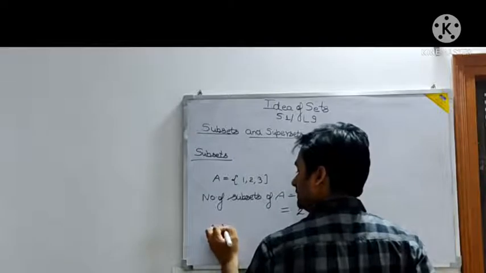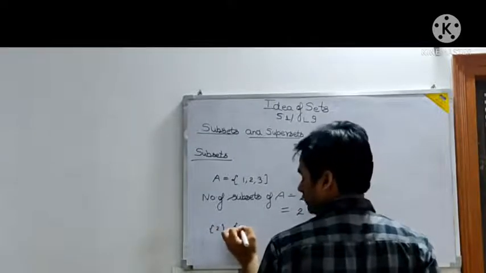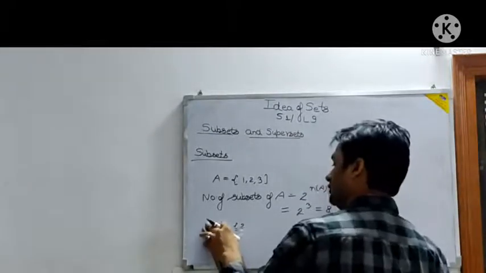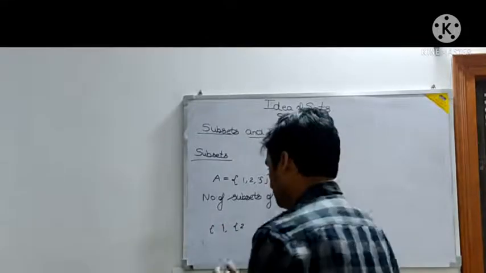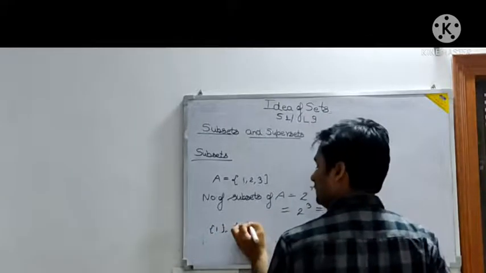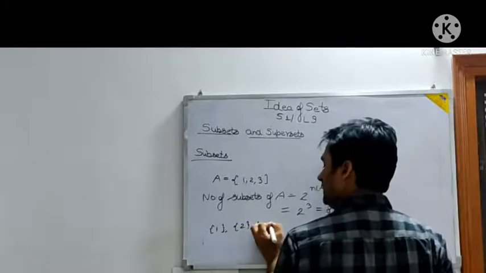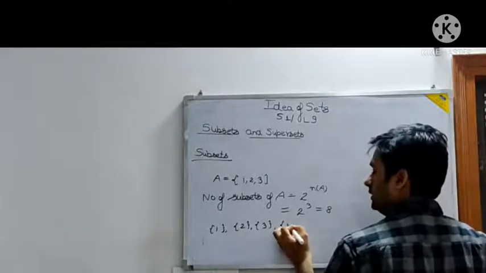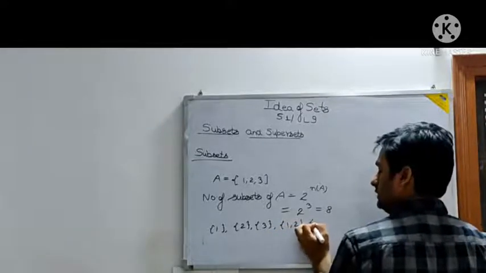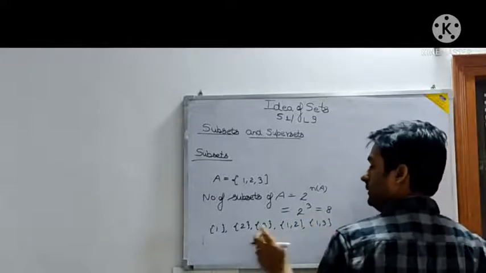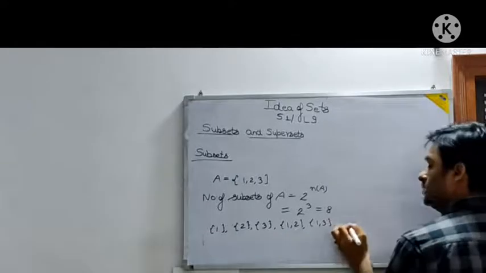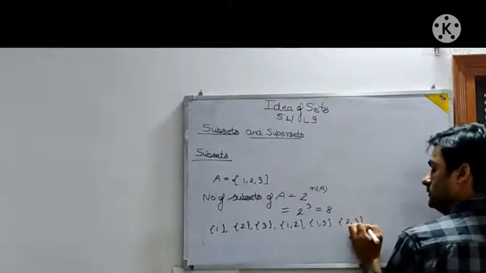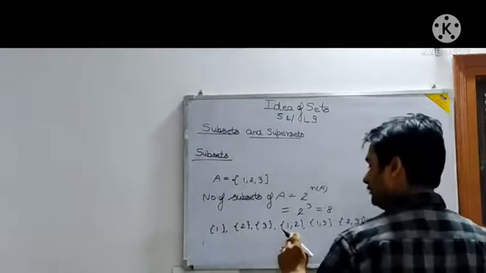I'll write them in an order, otherwise you will confuse yourself. First 1, then 2, then 3. 3 are there, 5 more to go. Then 1, 2. Then 1, 3. Then 2, 3. So that is 6.